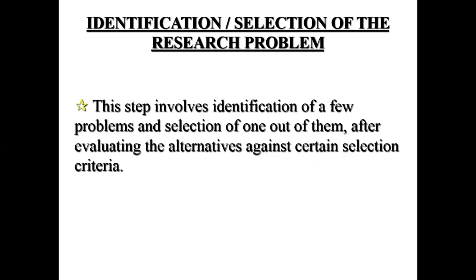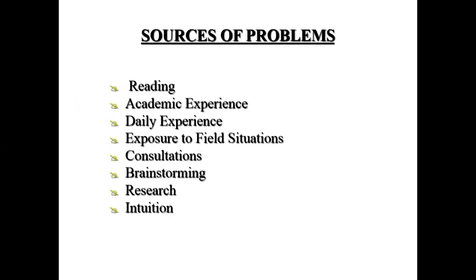When you evaluate various alternatives, only then you might select a problem, and that is by reading, by your academic experience, daily experience, your exposures, consultations, brainstorming, your own working, previous working of research, and intuition. That is very important. All these activities help you to identify the problem.